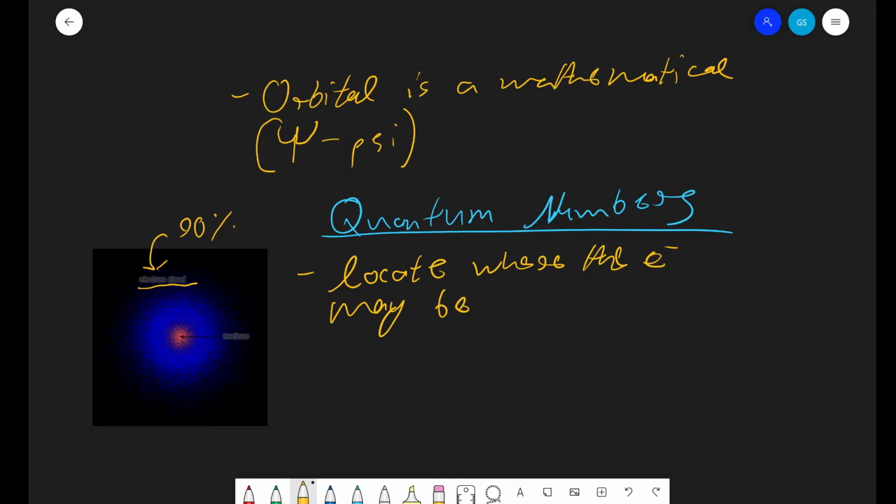And they also can tell us the general energy of that electron, in whatever quantum numbers can be used to represent that.